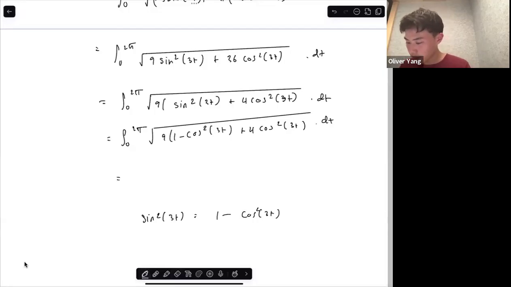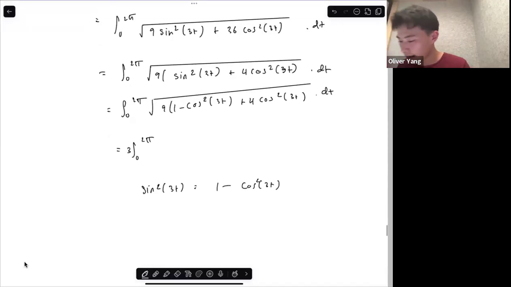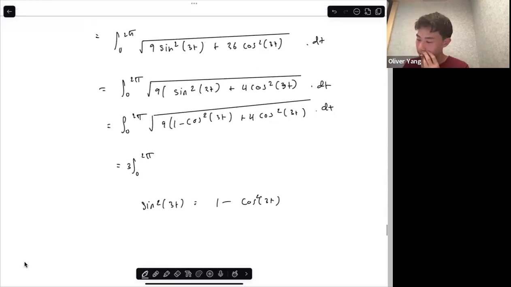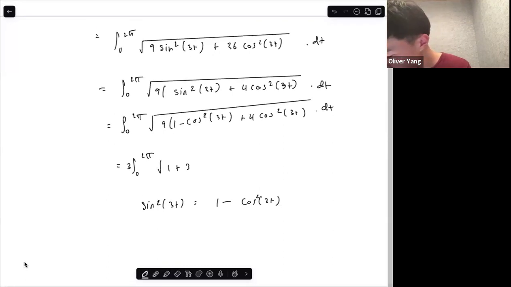And then we can factorize the 3 out, honestly. Let's just do that. Well, we know that the inside becomes, well, let's get the 3 out, and then we get 1 plus 3 cos squared 3t, dt.